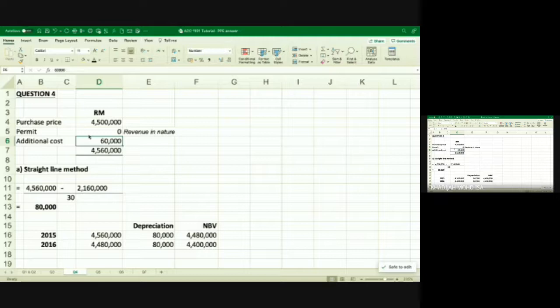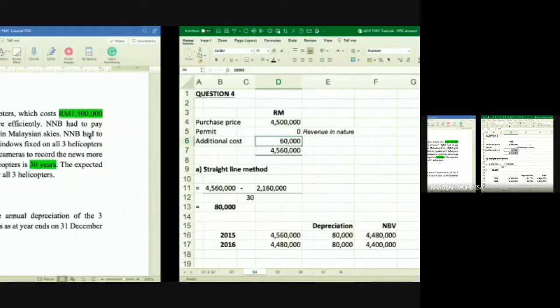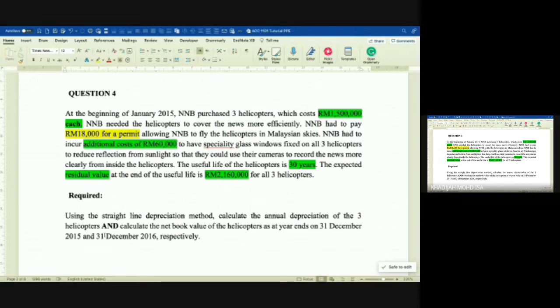Okay. And then using straight line method, so you don't have to think about other method. You just use straight line method, calculate the annual depreciation of the 3 helicopters and what is the net book value at end 2015 and 2016 respectively. So let's do the computation first.